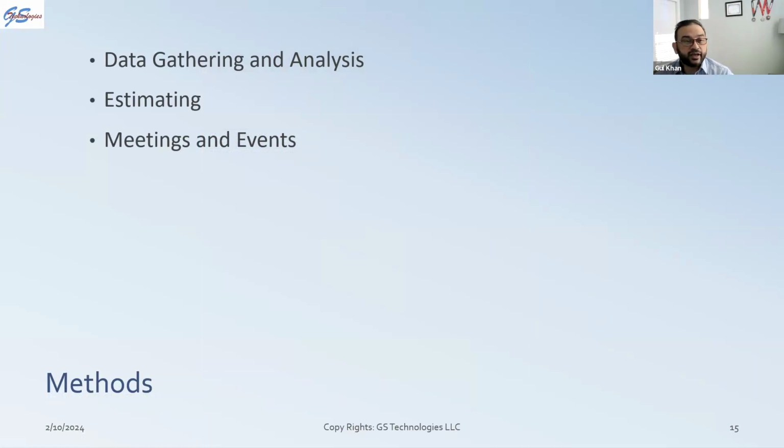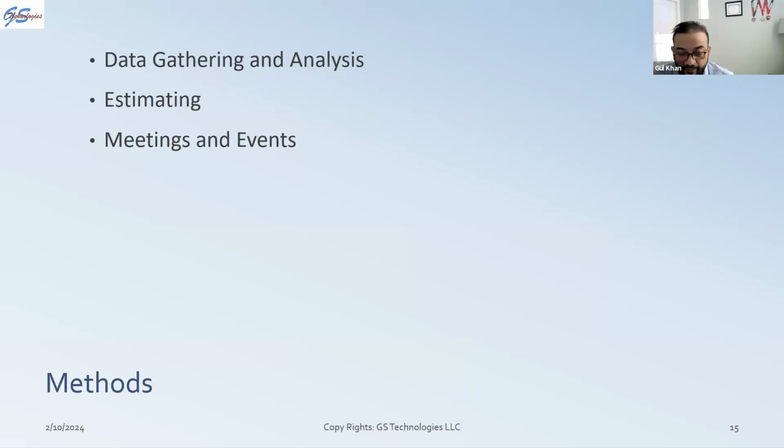Methods. We have data gathering and analysis, estimating, meetings and events. These are the different types of methods that we have. If you go into the book, you will see 2 pages full of all the methods that have been defined there. These are the ones that we already discussed. We were less focused on the models earlier, that's why I explained models in more depth.